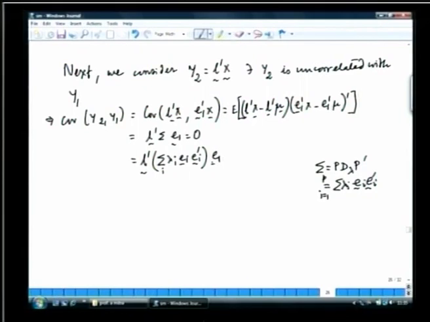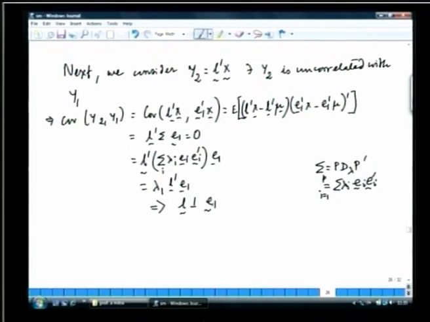This fact leads to the covariance being equal to 0, because only lambda 1 comes out and L prime combines with E1, and this equal to 0 implies that L is orthogonal to E1.